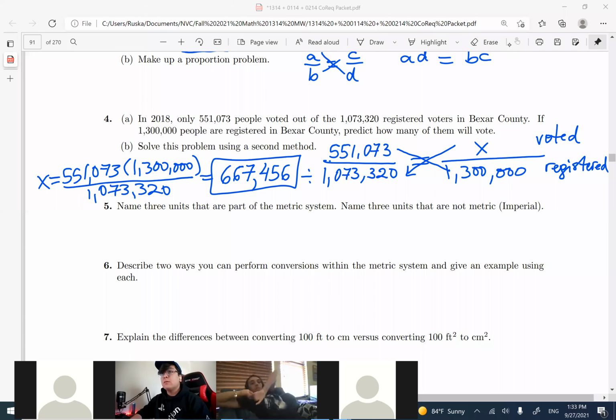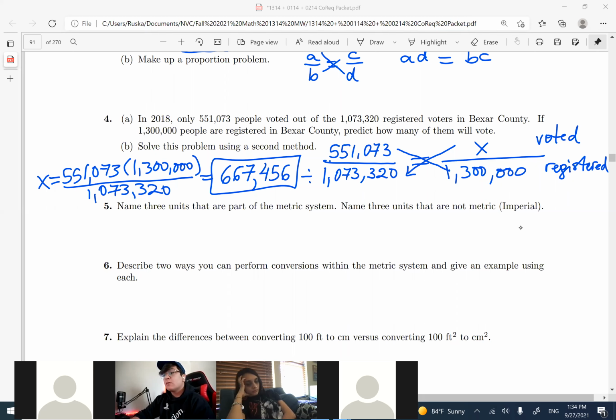So let's say you solve an equation and you have to do these numbers: you multiply 551,073 times 1,300,000 and divide by 1,073,320. If you do this math for just an equation, technically you have 456.9 something.